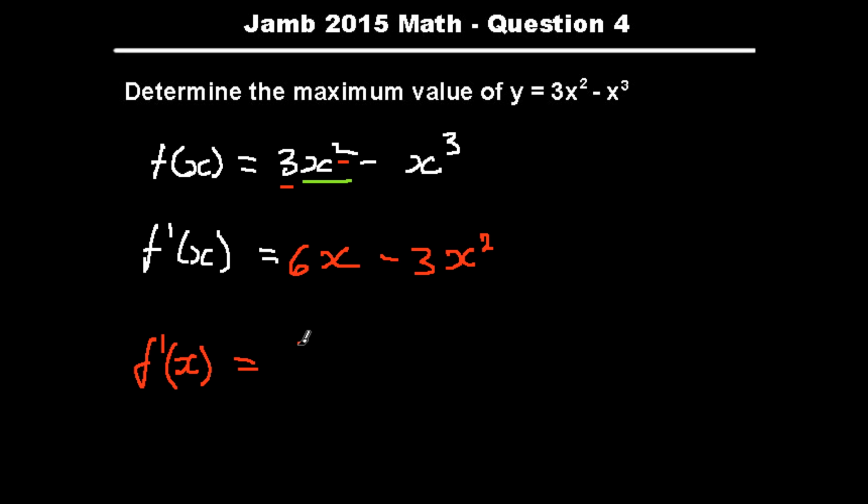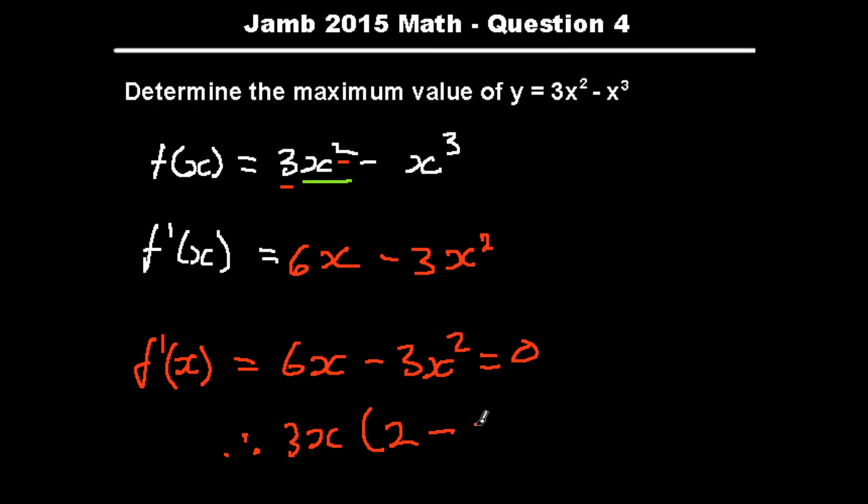And so if we did that, we would get 6x minus 3x squared is equal to 0. Therefore, we could say that 3x times 2 minus x is equal to 0.